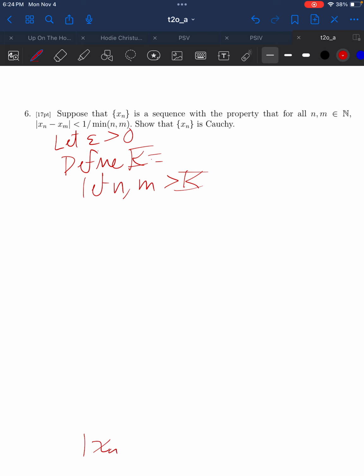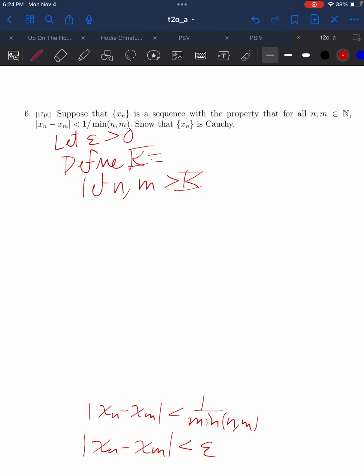We want to end up with xn minus xm less than epsilon. But we know that xn minus xm is less than 1 over min of n and m.